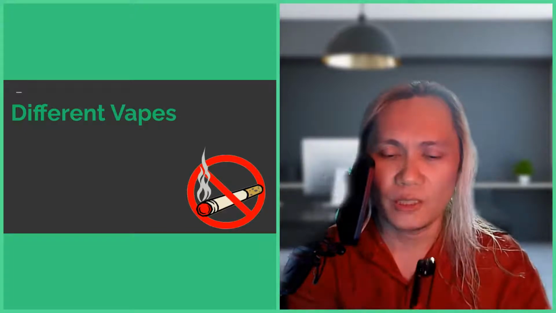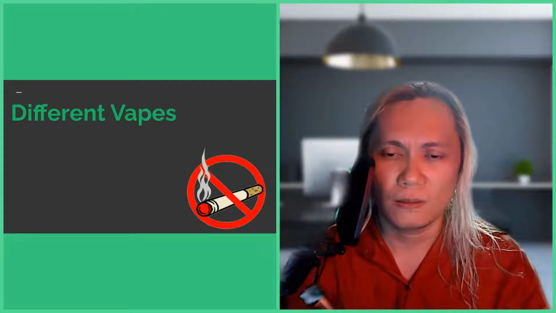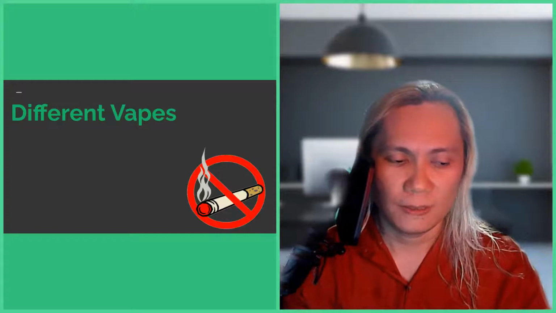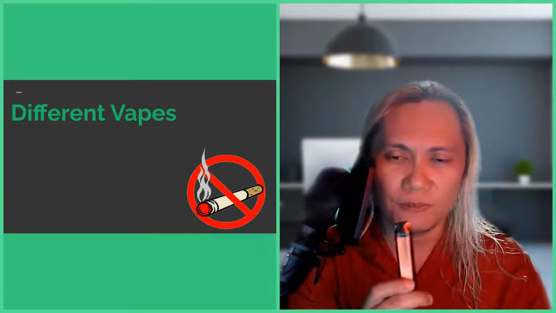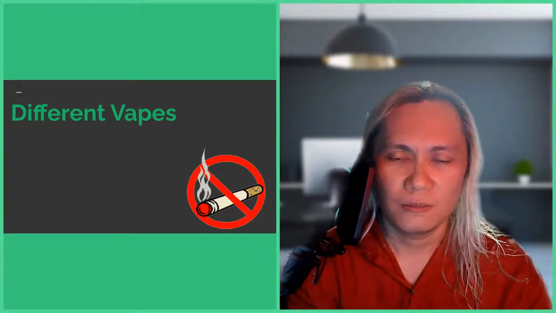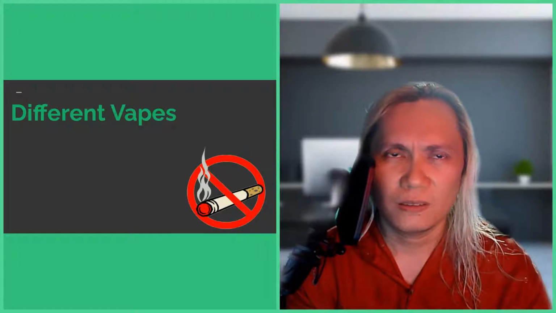That's the right ratio for mouth to lung types of vapes, and a different ratio for regular vapes that I showed you. This one requires at least 50-50 PG and VG.